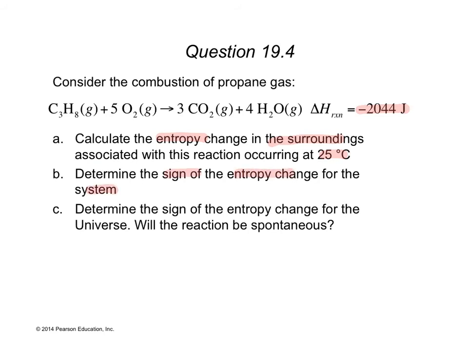This is just asking, is it positive or negative? Then combining these two overall, I want you to tell me whether or not this reaction will be spontaneous at 25 degrees Celsius or not. Okay, so three different parts to this. We'll go over it. First, calculate the entropy change of the surroundings. Then positive or negative. Then spontaneous or non-spontaneous.